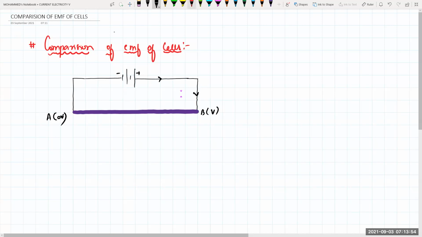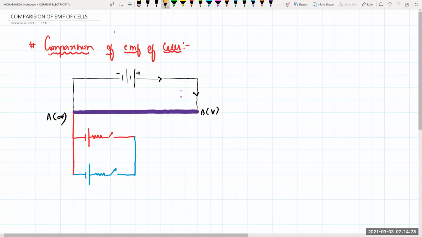This terminal is 0 volt. For the cell whose EMF we need to calculate, we are connecting one cell here: negative terminal, positive terminal, and this is its internal resistance, and this is the battery connection. And one more cell, which we need to connect: this is the negative terminal, this is the positive terminal, and here is an internal resistance. This is your switch. Whichever cell we need, we can close and then get the values.